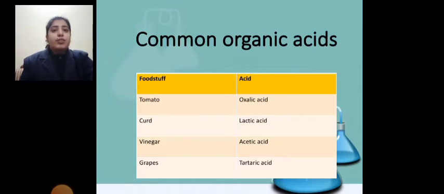The foodstuff is tomato and the acid found in it is oxalic acid. Then curd. The acid is lactic acid. The third one is vinegar. The acid is acetic acid. And the fourth one is grapes. And the acid found in it is tartaric acid.